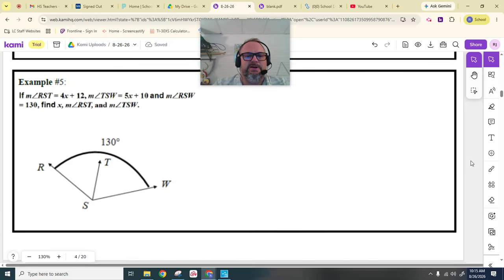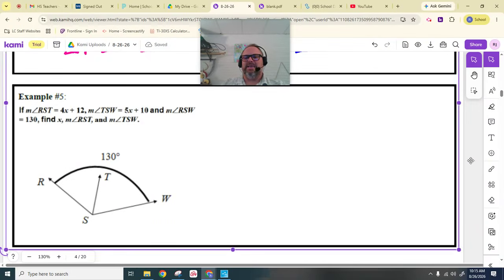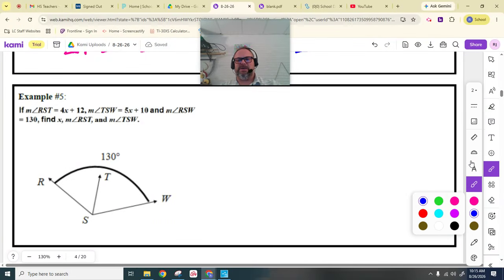All right. So let's look right here. Now, after you get your test back, you may want to pick up a habit that I do in class and label where these things are because it will help you set them up better. All right. So it says RST is 4x plus 12.